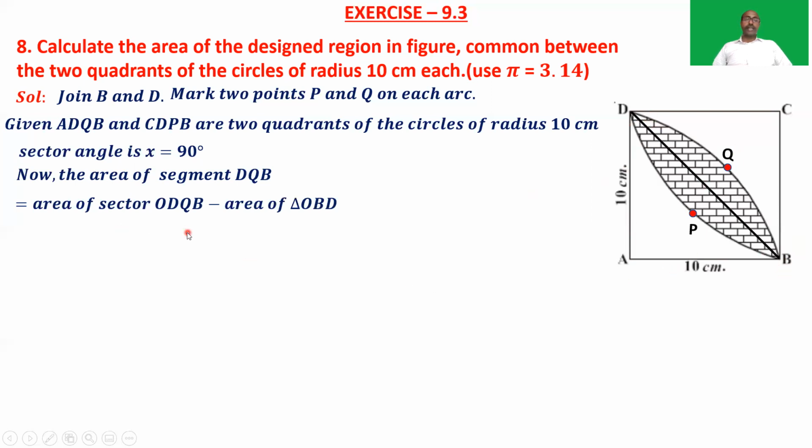We know that the area of a sector is x by 360 into pi r square, and the area of a triangle is half into base into height. Here x is 90 degrees and the radius of each circle is 10 centimeter.